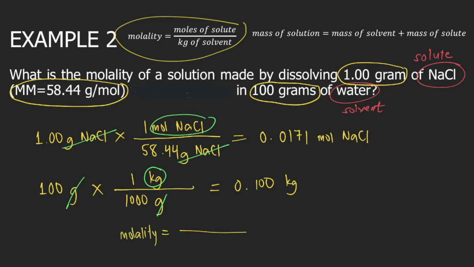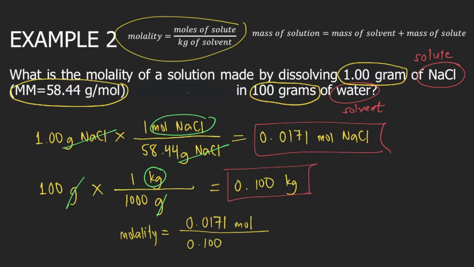Molality is equal to moles of NaCl divided by the kilograms of solvent, and this is equal to 0.171 mole per kg, or 0.171 molal. And this is the answer to the question.